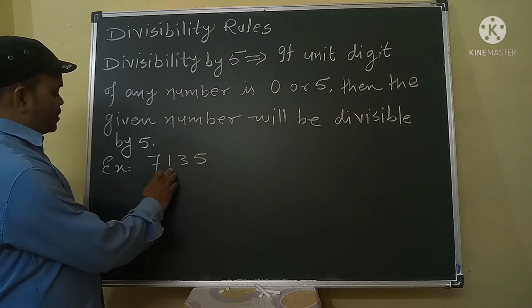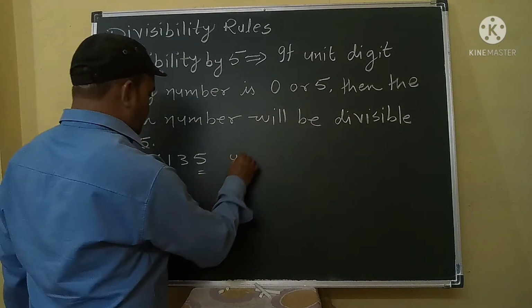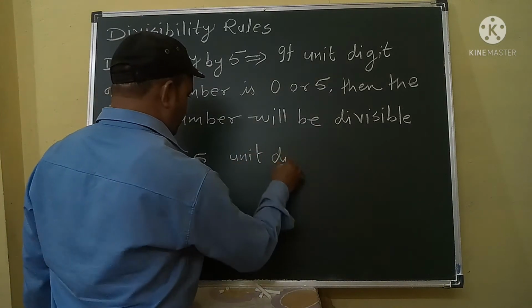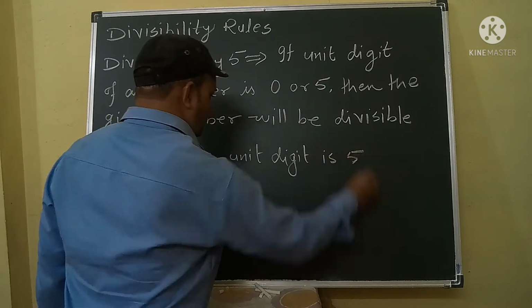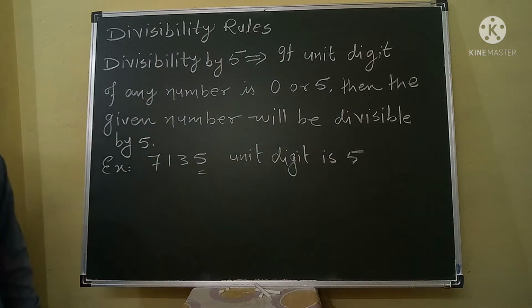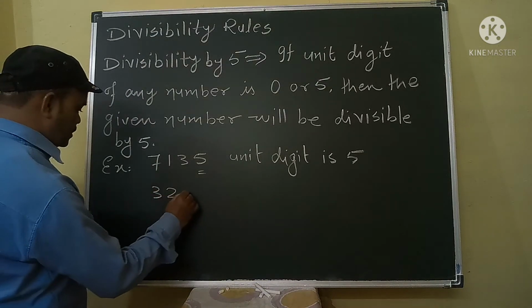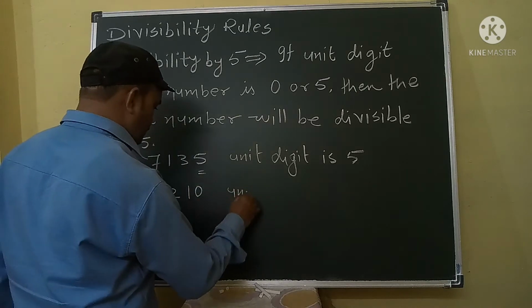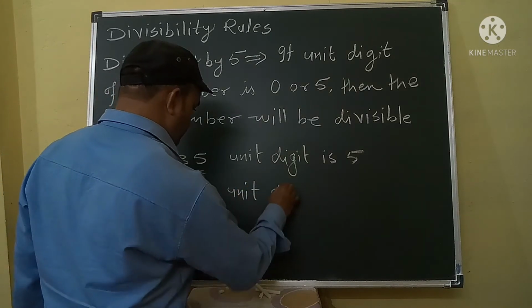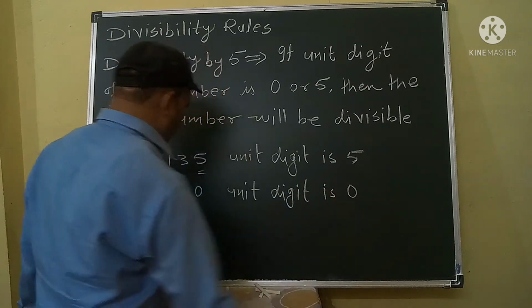In 7135, unit digit is 5. In other example, suppose this is 3210. Unit digit is 0.